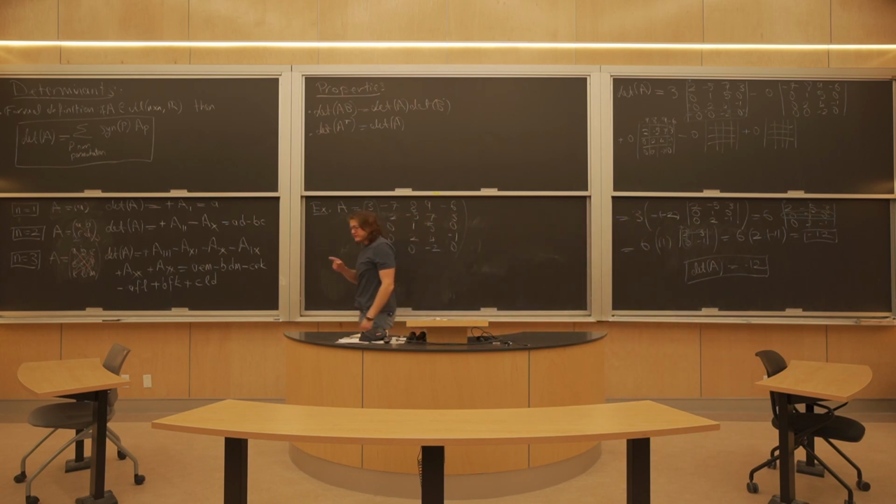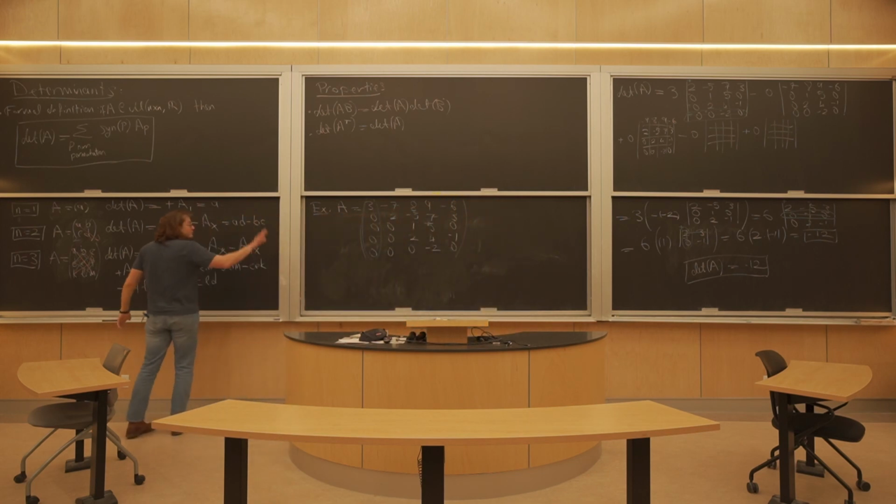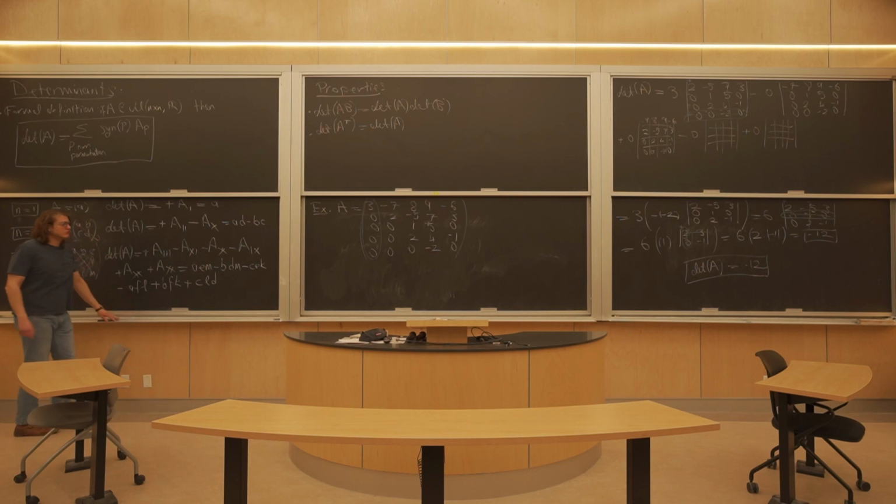But we also know that elementary row operations correspond to multiplying by elementary matrices. So by using this first property up top, if you keep track of what the determinant of each elementary matrix is, things can be simplified a lot further before trying to compute the determinant.